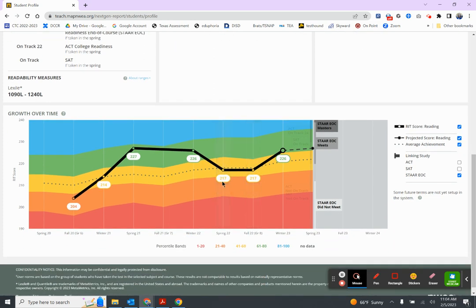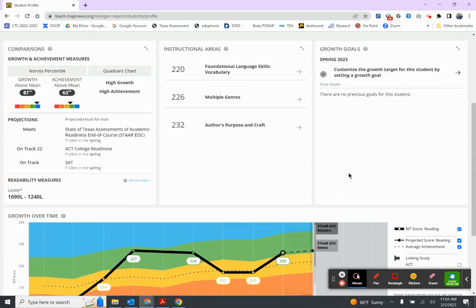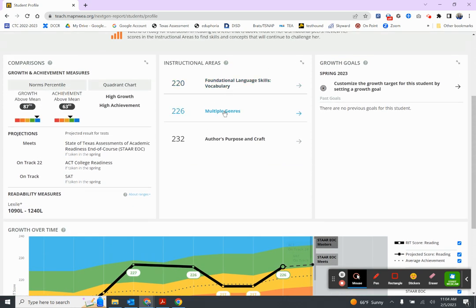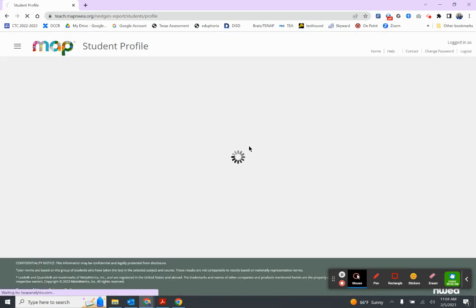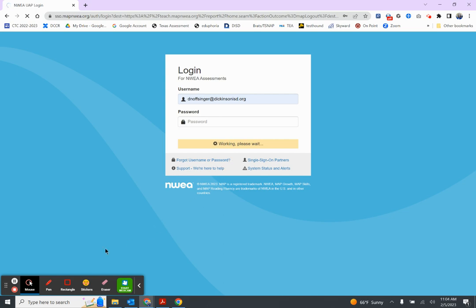We saw that she kind of plateaued here, but now she's going up. She is predicted to score a performance level of meets on the STAR. We need to make sure the student doesn't fall backwards anywhere in this school year, that she is continuing to accelerate her learning. We can again go into the instructional areas. And I'm sorry that timed out.